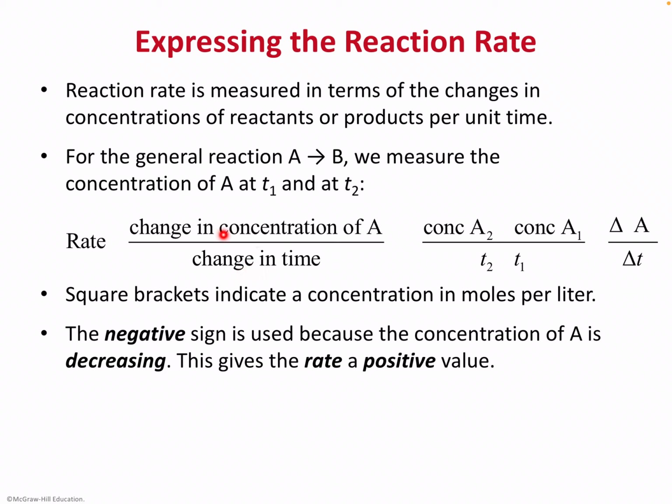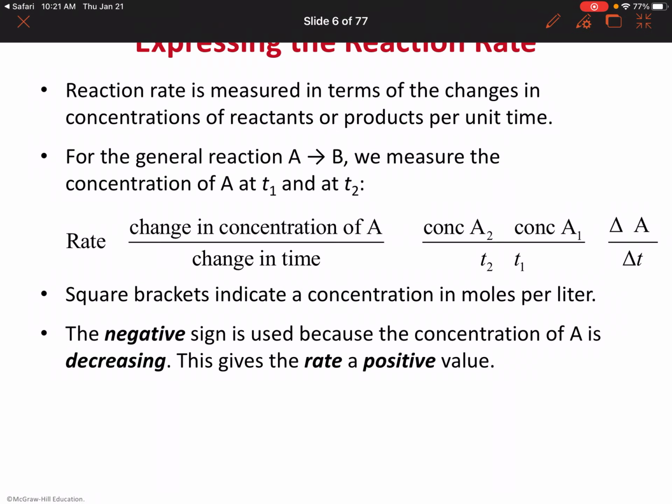How do we find the change in concentration of A? So we have a certain time period, let's say T1 and T2. So at T2, what is the concentration, A2? And at T1, what is the concentration, A1? So when you get the difference of these two, A2 minus A1, and you divide it by T2 minus T1.